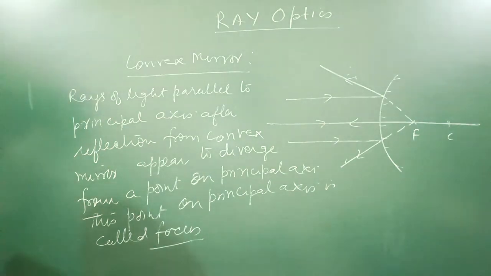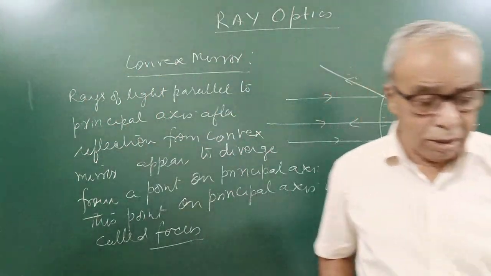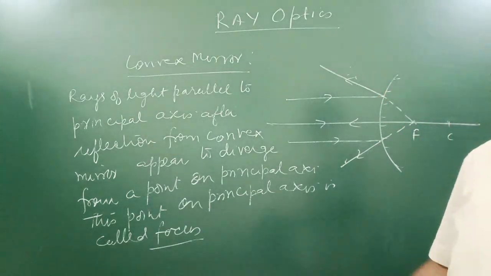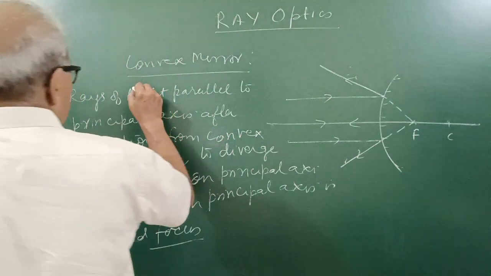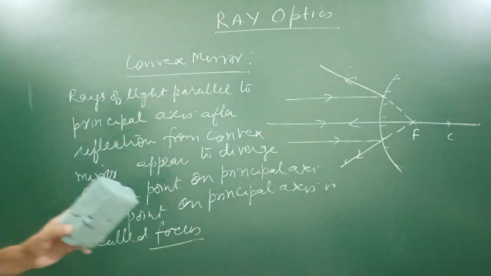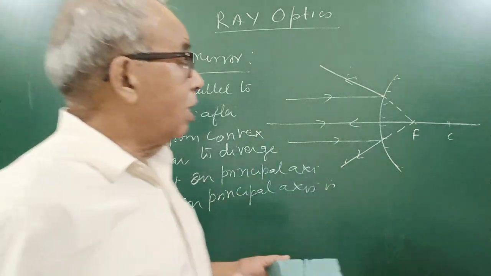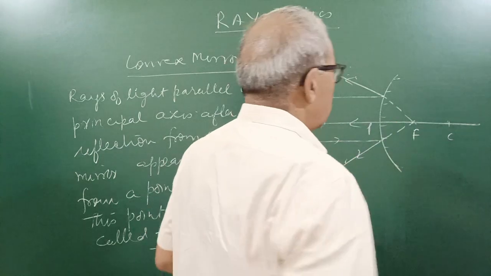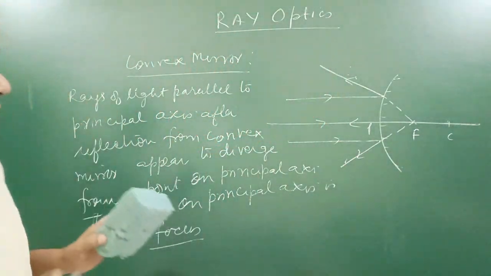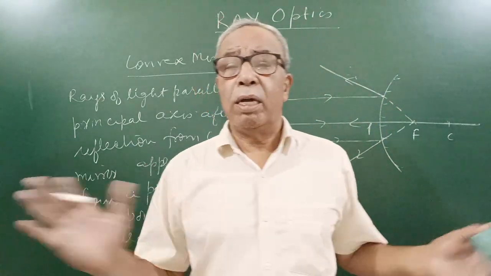In the last video, I introduced you to this definition of focus, but I did not write it like this. I have written it here because this topic is important for the understanding of whole optics. When I ask students, they say, sir, it is the midpoint of pole and center of curvature. But this is not the definition. Focus means a point where something meets.